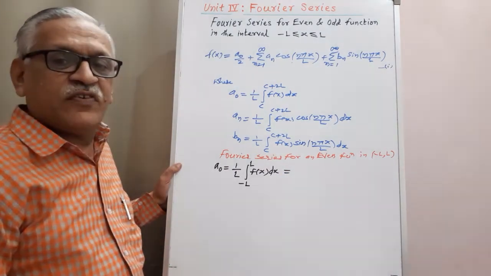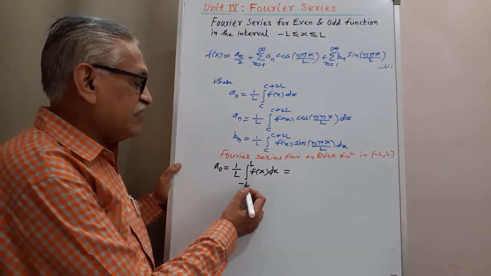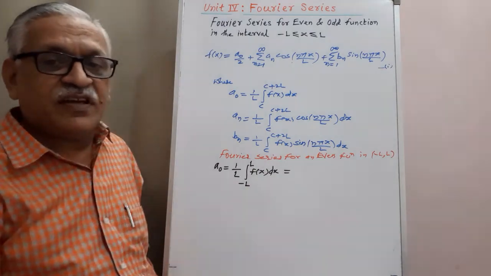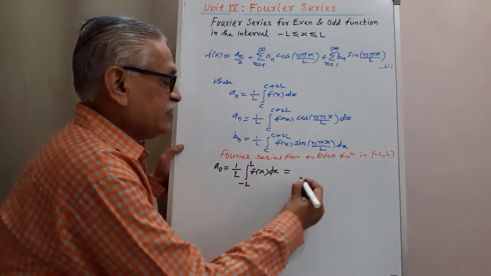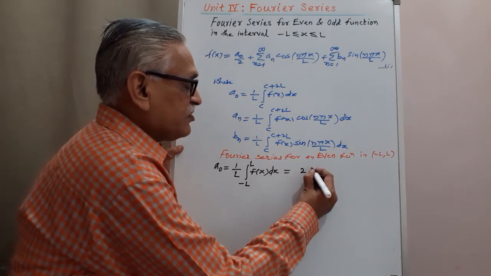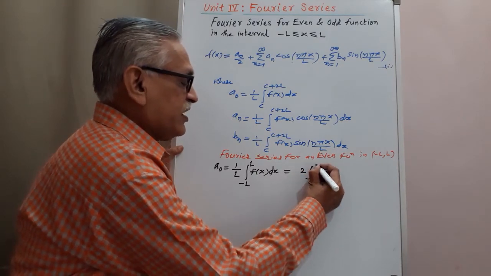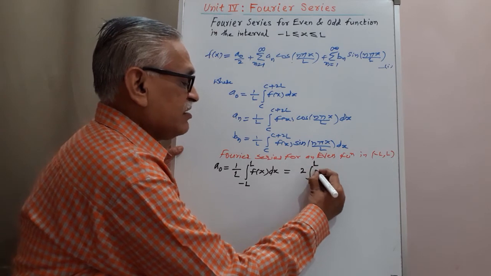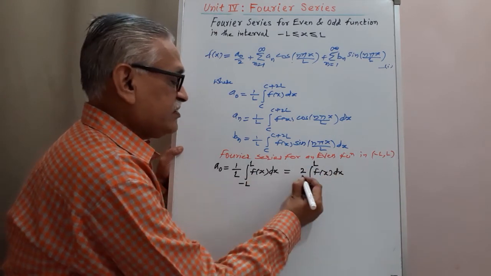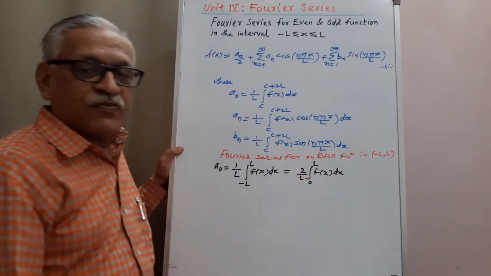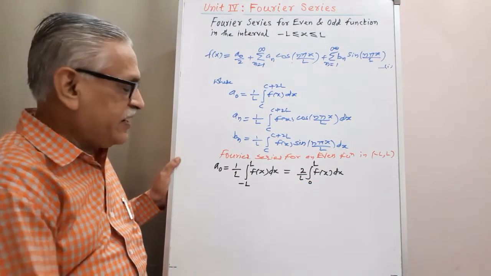The function is an even function, and integration is between minus a to a. Therefore, as per that property, its value is 2 times integration from 0 to a, a is here L, f of x dx, and divided by this L. Therefore, that is the formula to find A0.